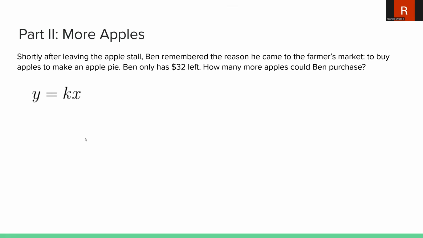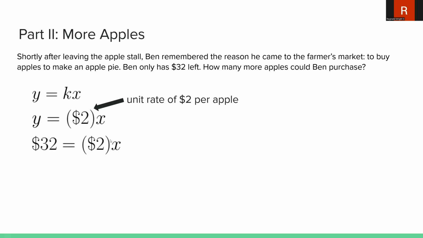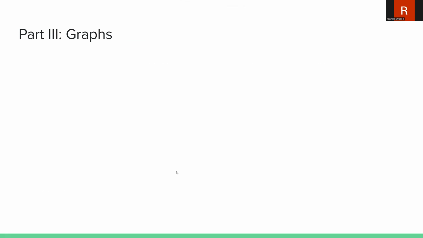In this case, k should be the unit rate we previously worked with, because we know, again, the price of one apple is $2. And so we know Ben has $32, and if he spends all of his money, that means he can get a total of 16 apples.